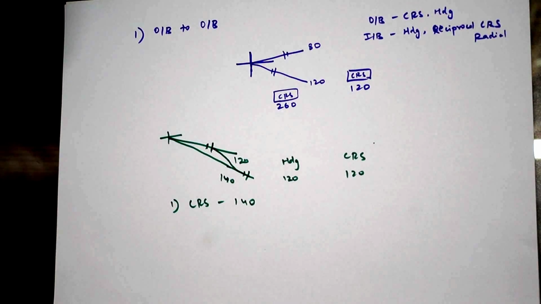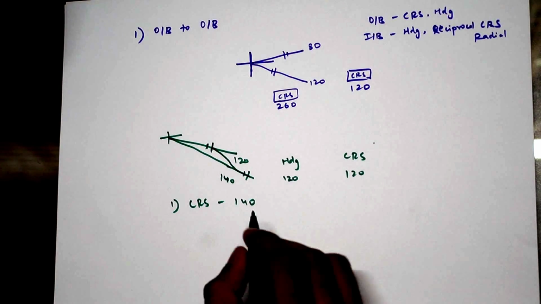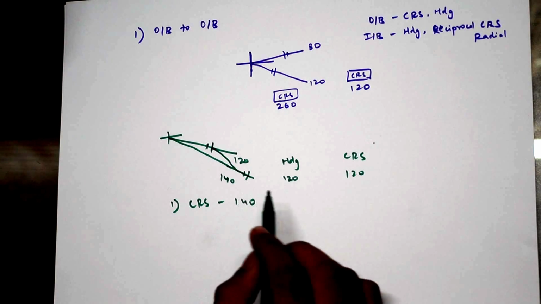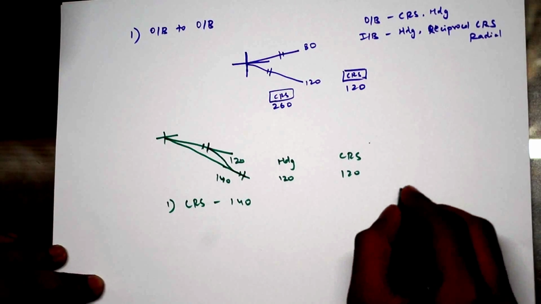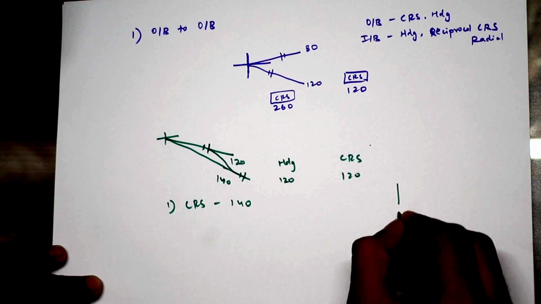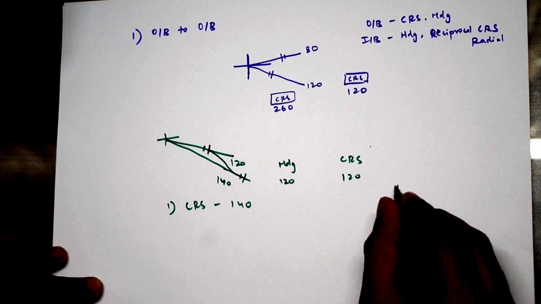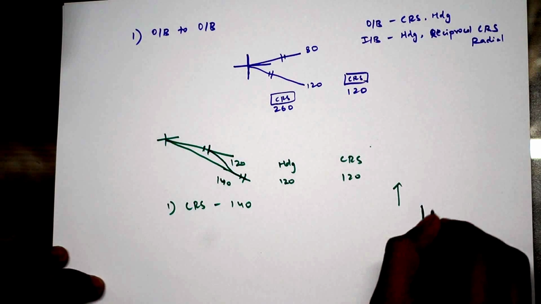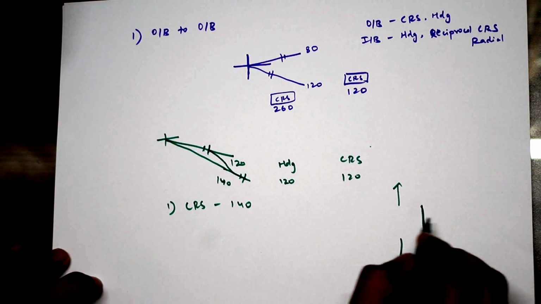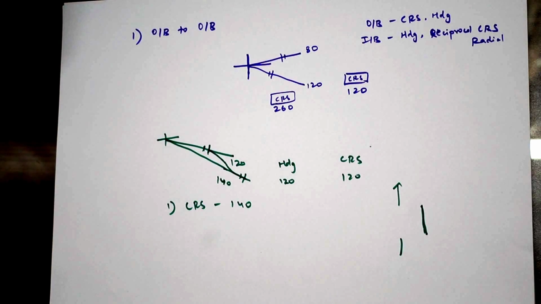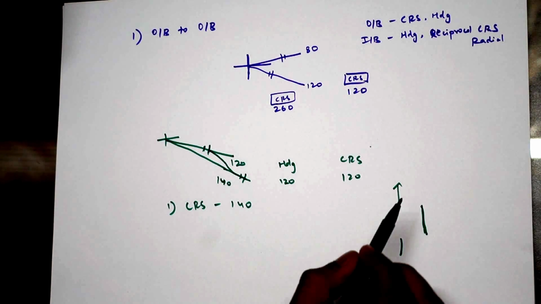This means your course window will become 140, and the needle, say you were on 120 at the moment, will immediately turn to the right, indicating that you have to turn right towards the radial. The radial is towards your right. Okay, but by how much is the question.